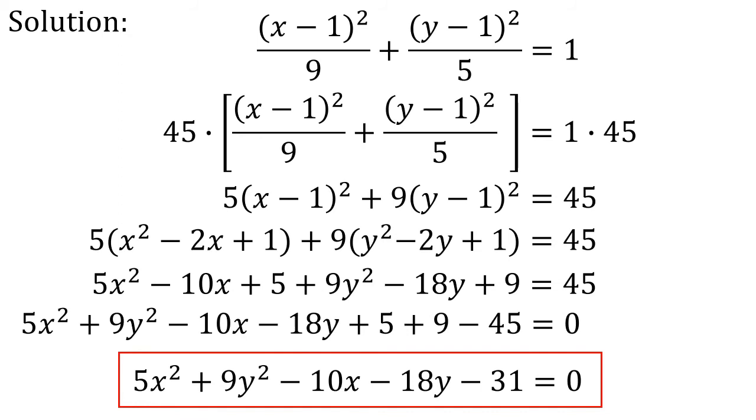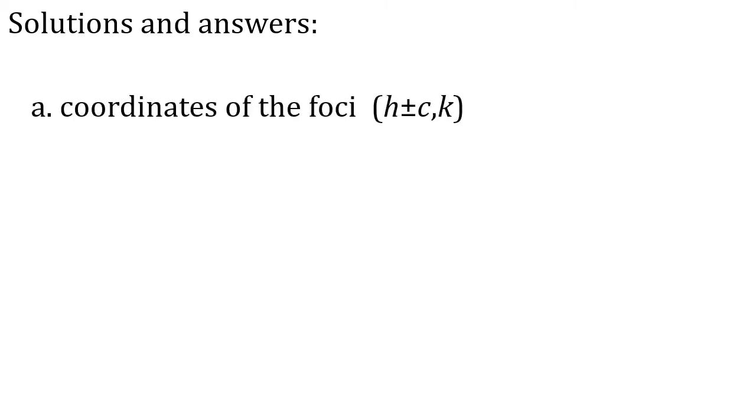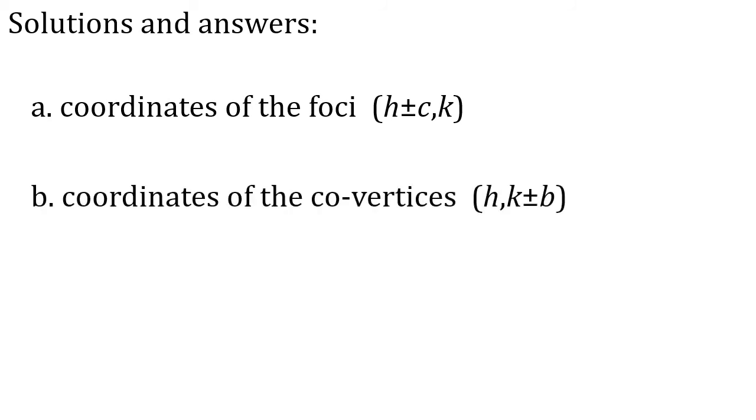But we're not yet done, because we still have to find the following. Let's find the coordinates of the foci, which is (h ± c, k). The coordinates of the co-vertices, which are (h, k ± b).